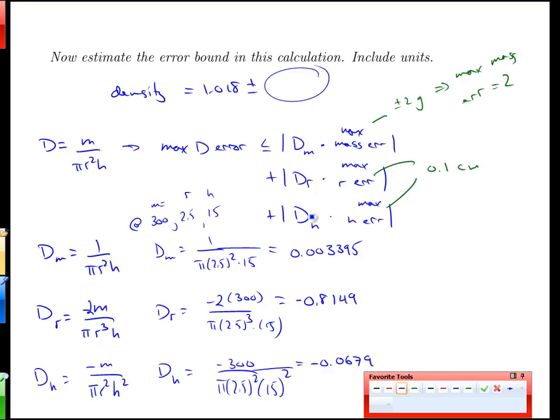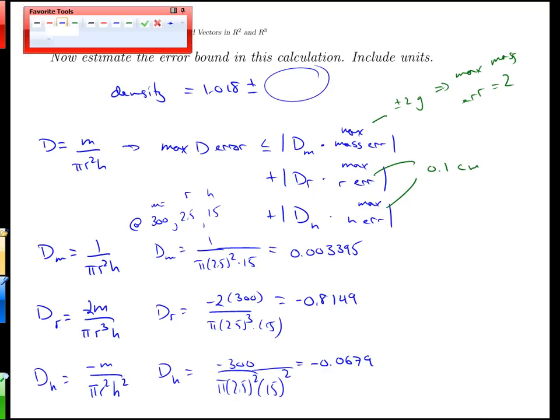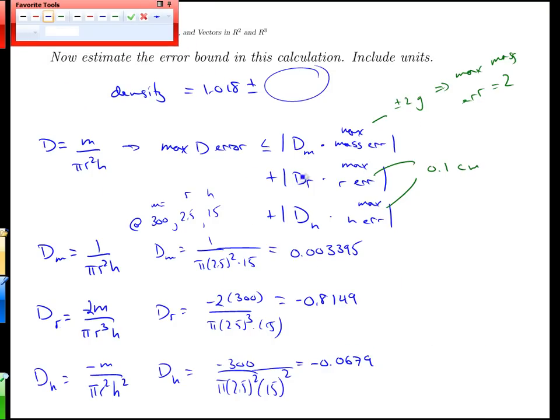Last but not least, we include those in our calculations for the maximum error, and it bounds the worst possible case for the error given the possible errors in the input values for our density calculation. I want you to notice again that we're putting absolute value signs around everything.